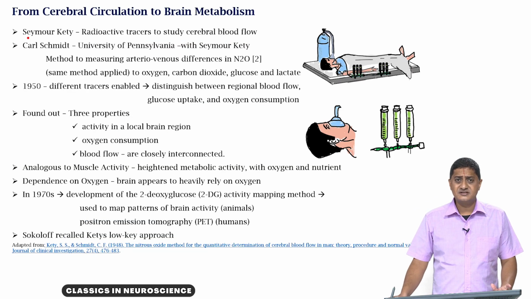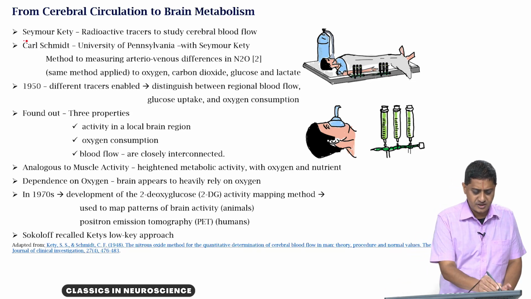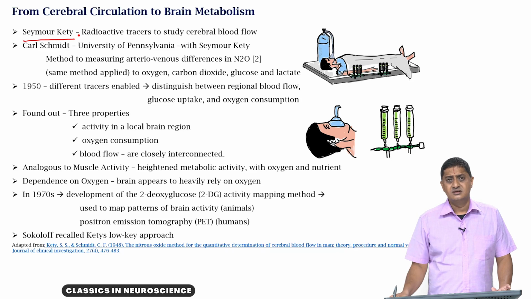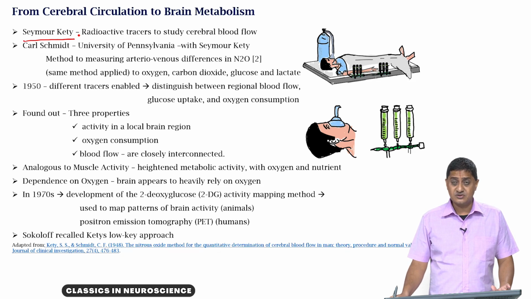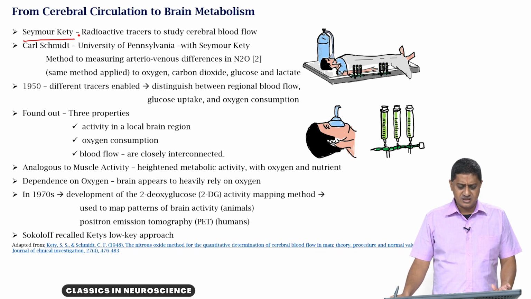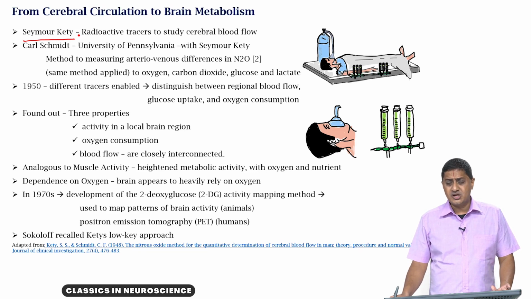This brings us to our introduction to Seymour Kety and his contributions to the field of cerebral blood flow. He introduced the method of using radioactive tracers to study cerebral blood flow. Carl Schmidt at the University of Pennsylvania was studying this, and he was joined by Seymour Kety, a young instructor at that point.